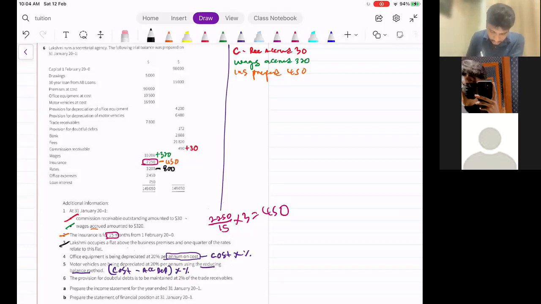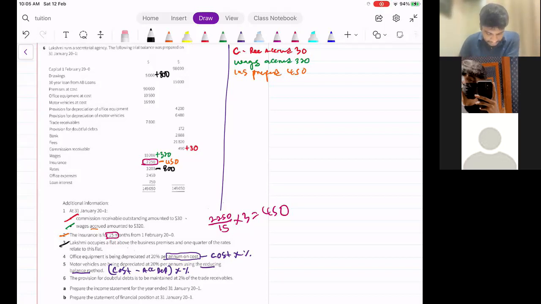They say rates. You go record in premises, that is wrong. It's rates. Rates 800 minus from here and then go plus into the drawings, because it's for personal use. Anything for personal use, we record in the drawings. So you minus rates and plus into the drawings. Understand? Yeah.